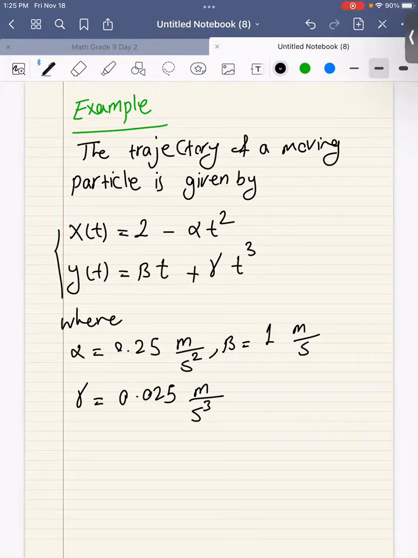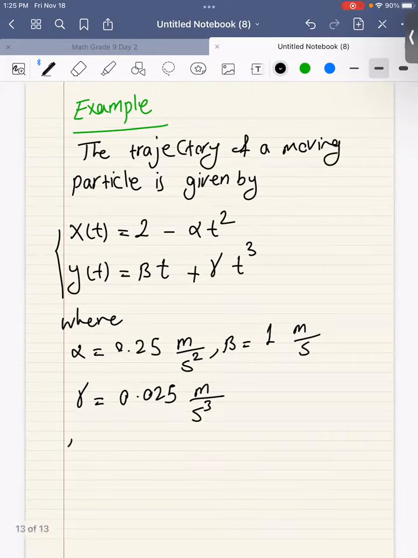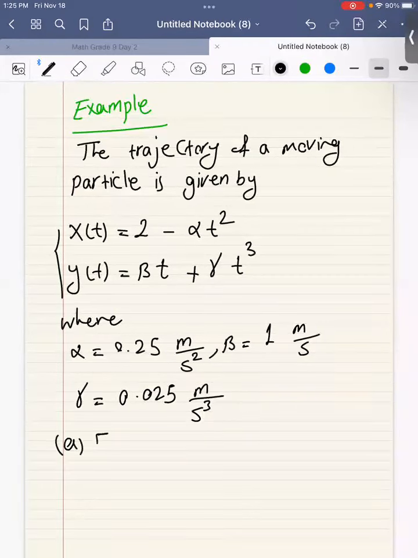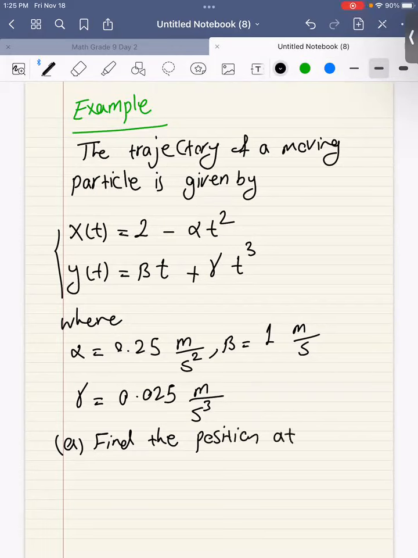So here, A: find the position at t equal to 2 seconds.